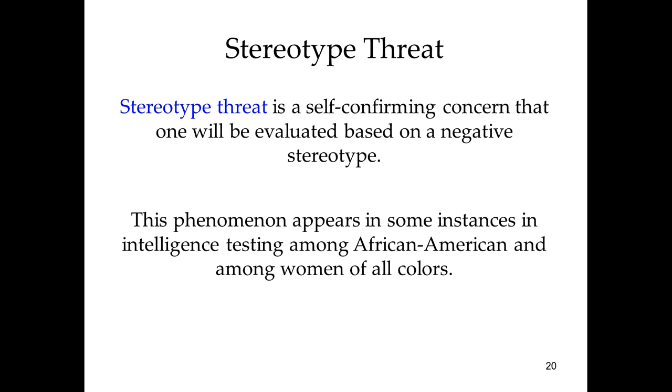What she found was that in that environment, the girls were more willing to answer questions and offer possible solutions. As a result, it got rid of some of that stereotype threat, the expectation that boys are better than girls. So the stereotype threat is a very real concern with how people perform on academic achievement, because if they are expected to perform poorly, then they're going to perform poorly.